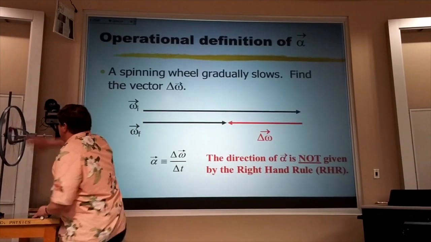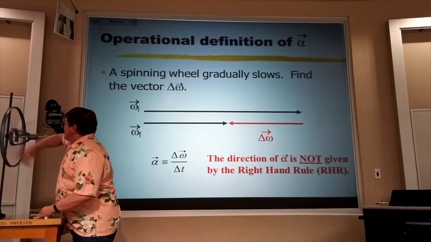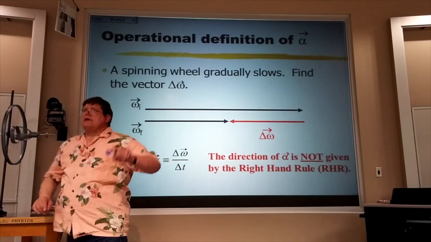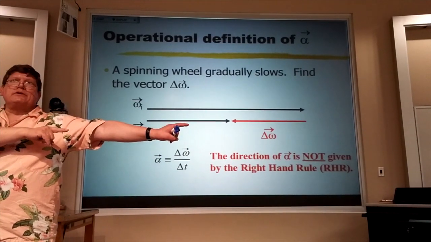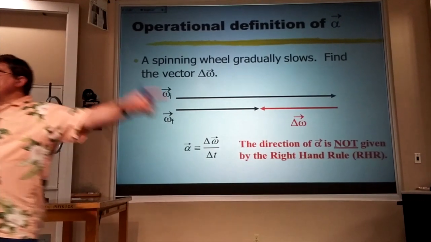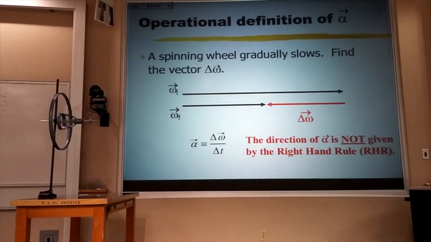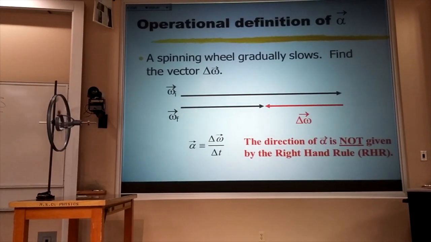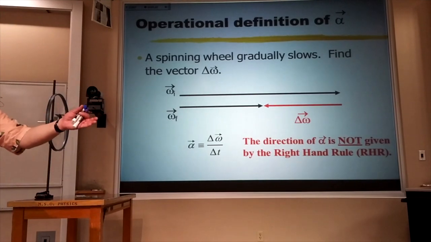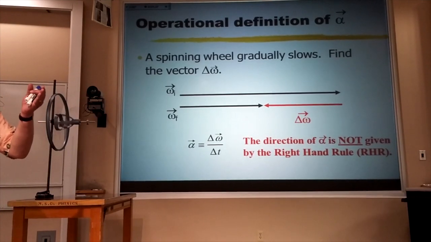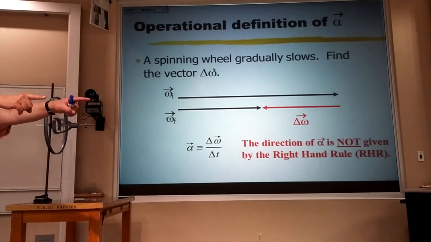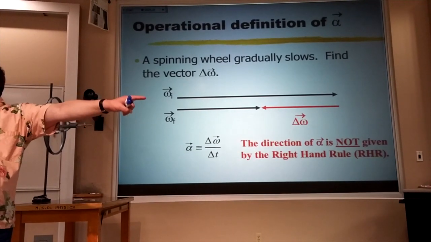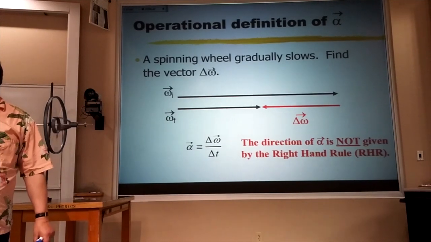If I'm speeding something up, so it's going faster and faster, the omega vector and the alpha vector will be in the same direction. Does this seem familiar? Have we been here before? Yeah, you're going down the road on a straight road. If you're hitting the gas and going faster and faster, velocity and acceleration are in the same direction. If you hit the brakes, they're in the opposite direction.